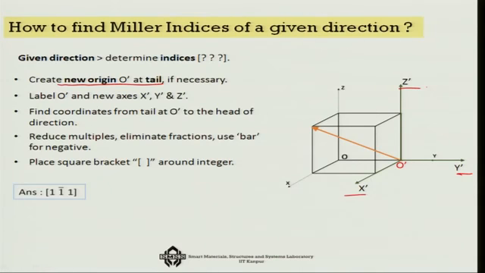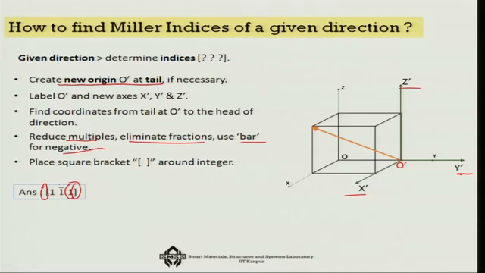Then find coordinates from the tail to the head of the direction, and reduce multiples as usual, eliminate fractions and use bar for negative. Finally, you place the square bracket. In this case the square bracket is what we use to denote that this is a direction and not a plane.